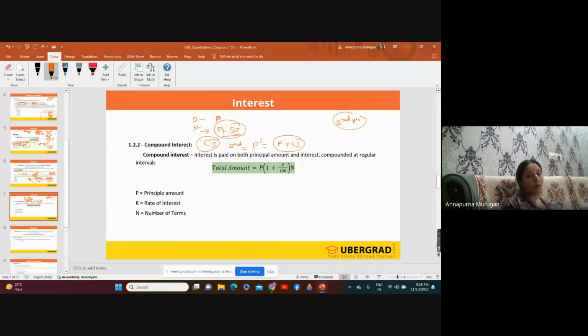For the third year, it will be calculated on whatever the changed amount is, and so on. That means every year the principal amount is changing.